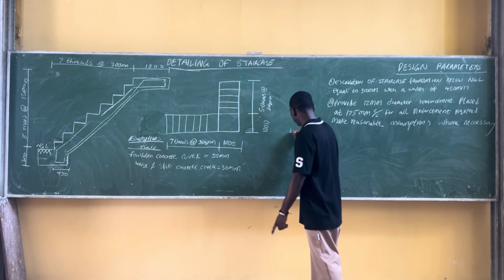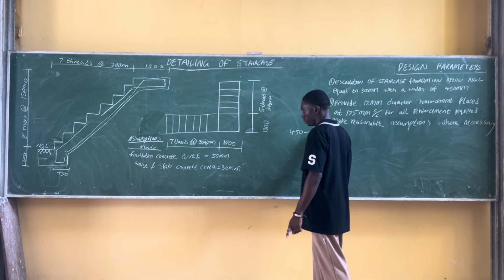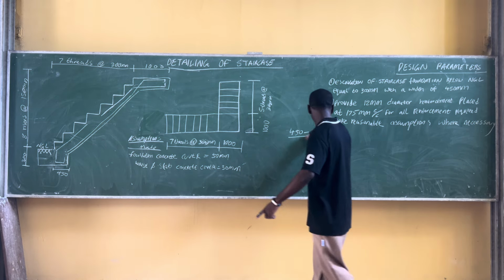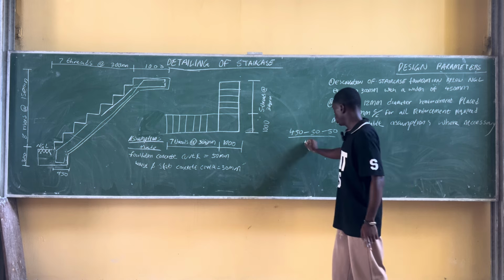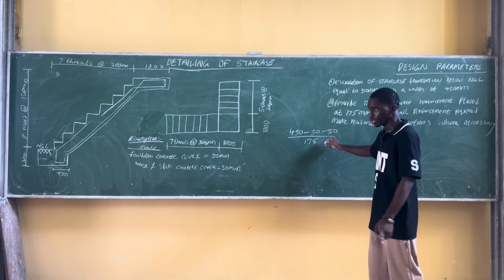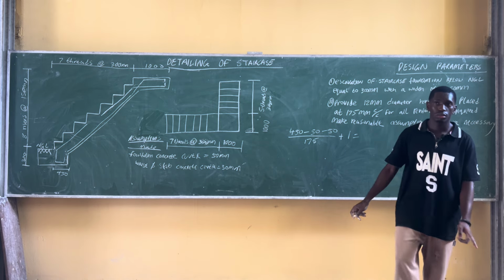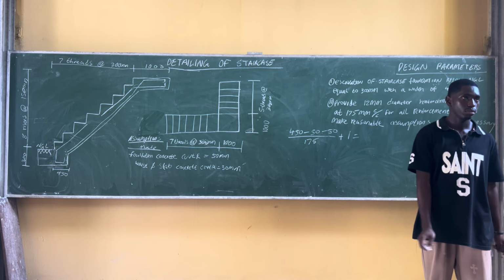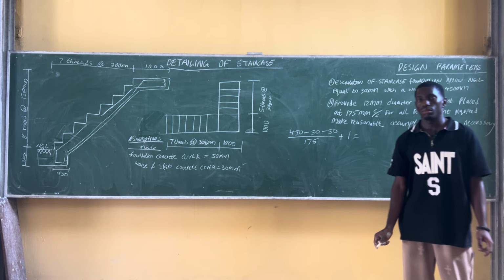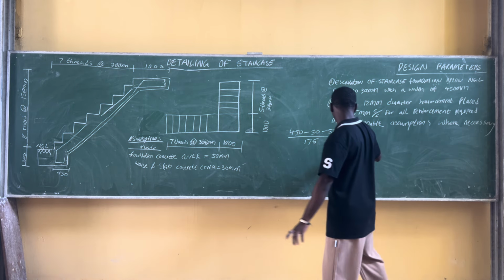So we are going to do it like this: 450 minus 50 minus 50, because we are cancelling out this 50 and this other 50, divided by 175, the diameter of reinforcement given spacing, plus 1. What will be the answer? 3. So 3 bars.